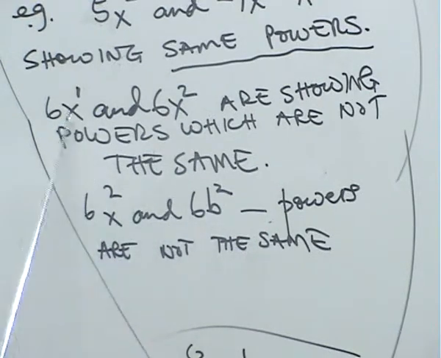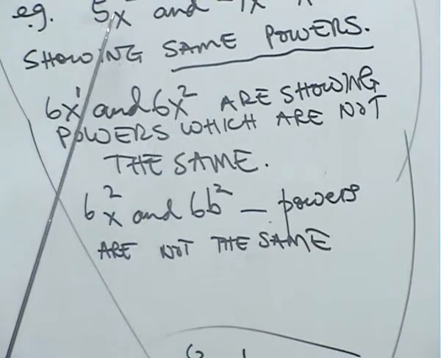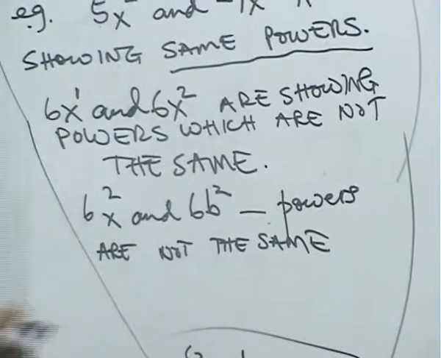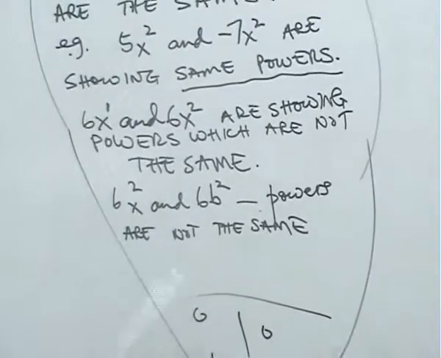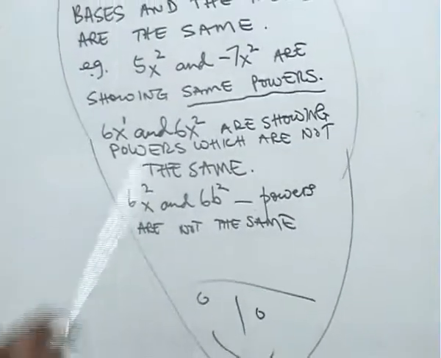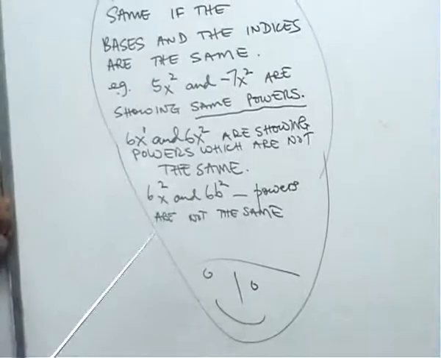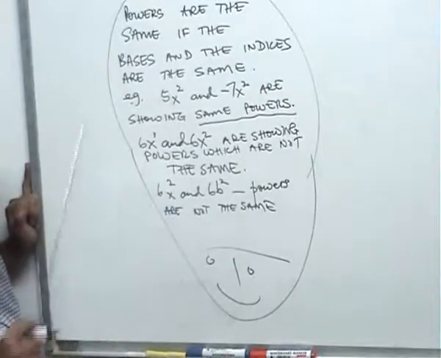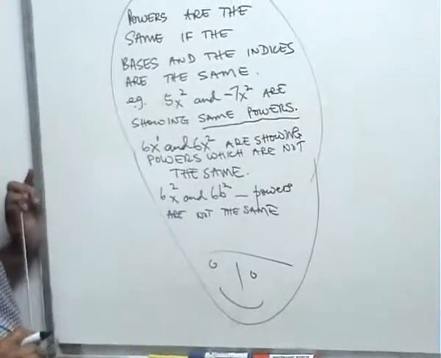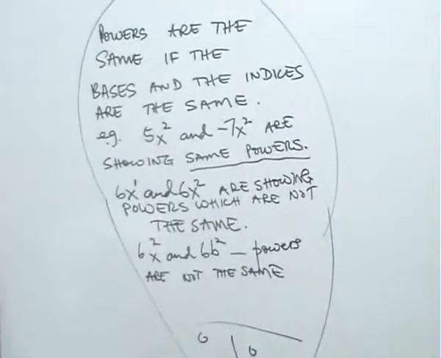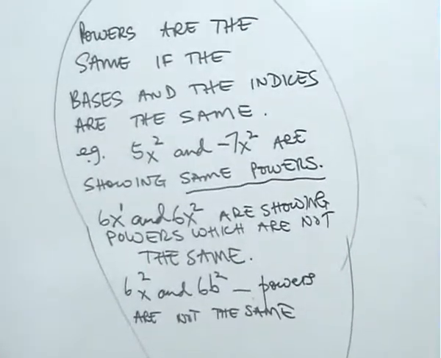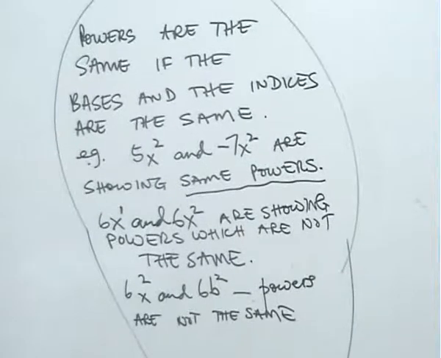Therefore these powers are not the same, but x squared and x squared are same powers. Now this is a very powerful thing. You must be very clear about this in your mind, because once you've got this clear, you'll be able to differentiate between like and unlike terms. You'll be able to explain what is like and what is unlike terms.